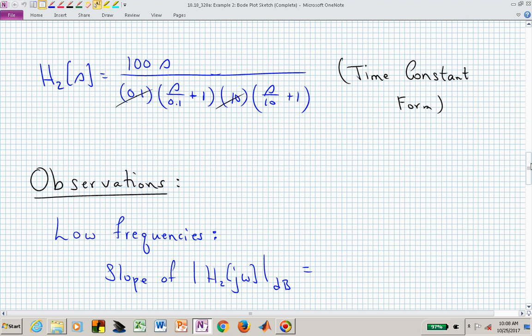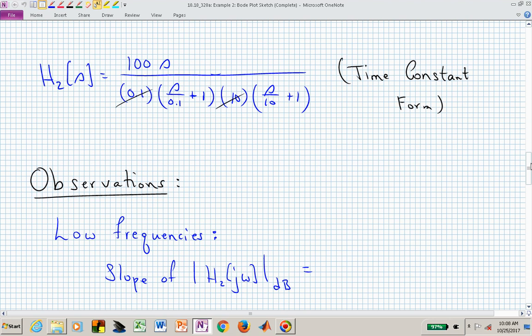Typically that means a decade or more before any of the breaks would occur. In this case, our first break is occurring at 0.1, and we have something that's always on in terms of sloping behavior because of that zero at the origin. So if we go to 0.01 in frequency, we could consider that a low frequency.